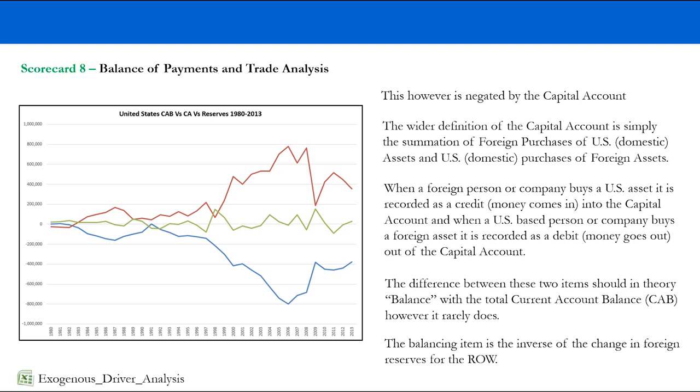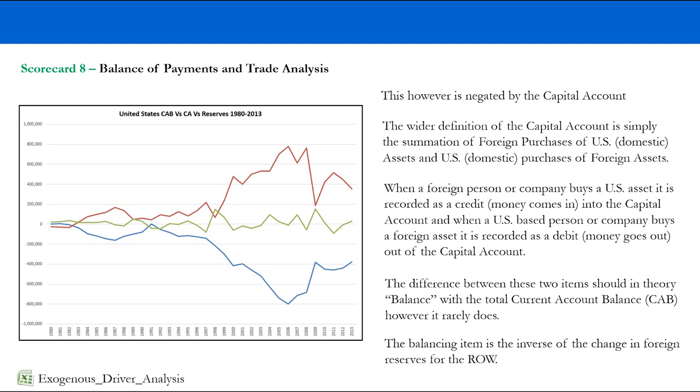So money is coming out of the United States and out of the capital account. And the difference between the two items, the current account balance and the capital account, should in theory balance. However, it very rarely does.